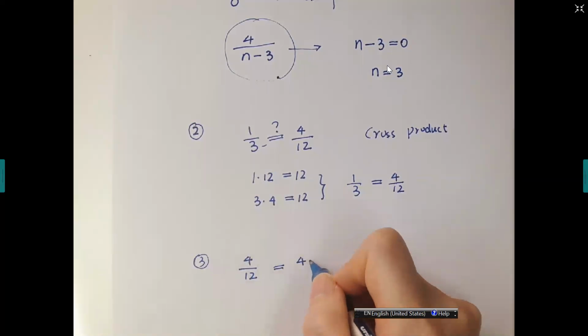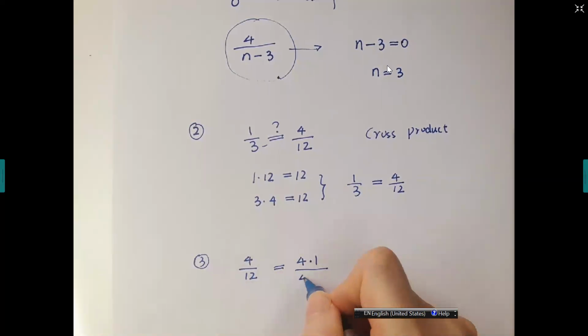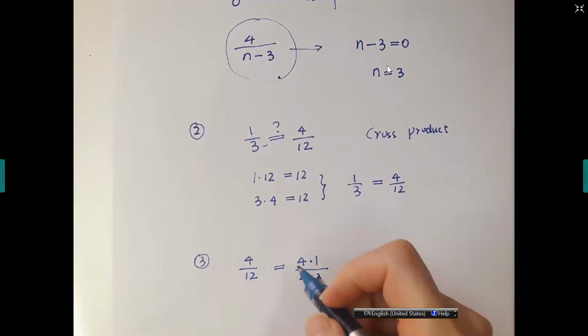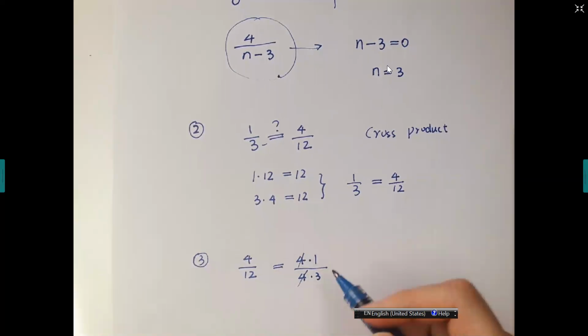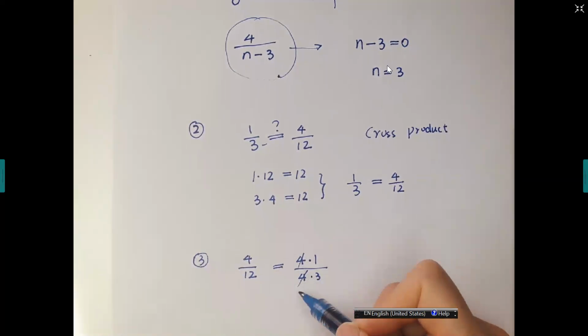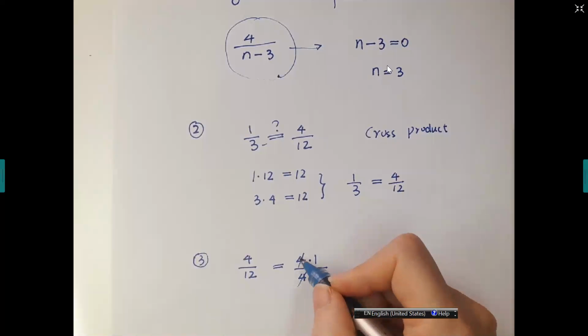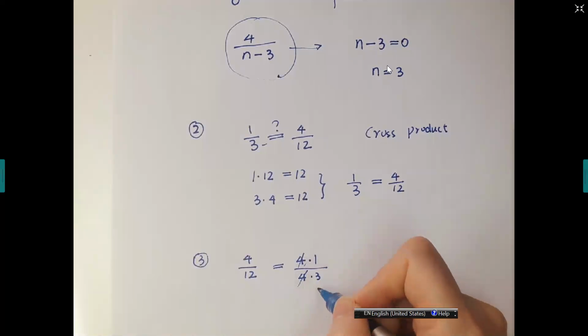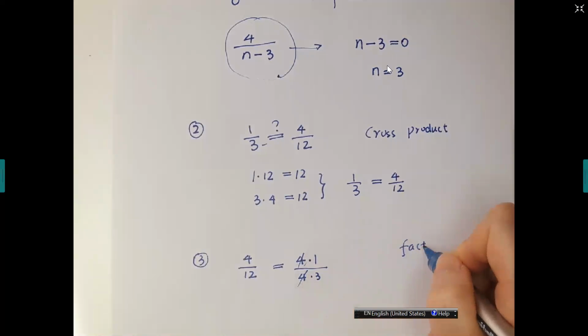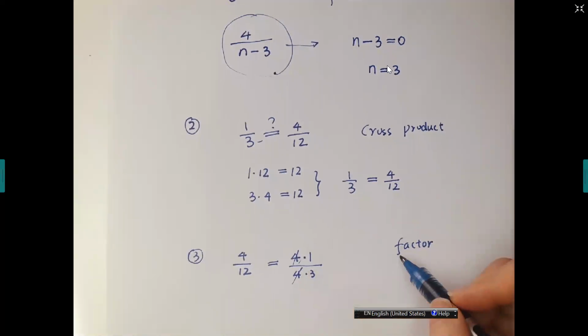So 4 equals 4 times 1. 12 equals 4 times 3. Then we can divide the numerator and denominator by 4. Or we can also say we can cancel the two same factors on the numerator and denominator. In other words, whenever you see the same factor, I have to stress what I just said here: factor means part of multiplication.